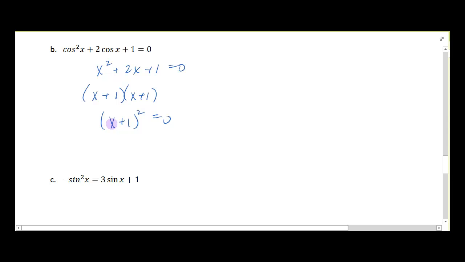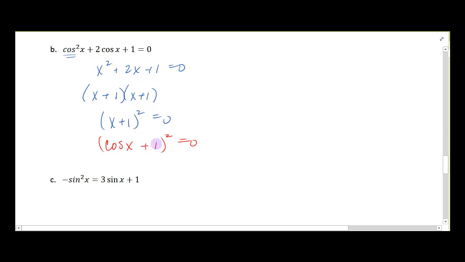Instead of having x represented, I have cosine x. So now that I already have done the hard work of factoring this, let's replace x with the cosine of x plus 1, quantity squared equals 0. Because it's the same thing. I can factor a trinomial even with these trig terms in here to get back into this form right here.